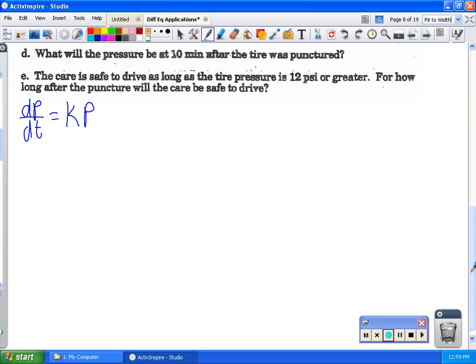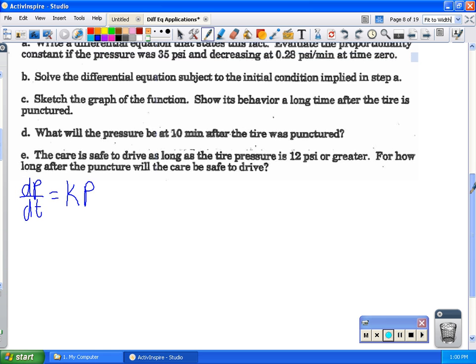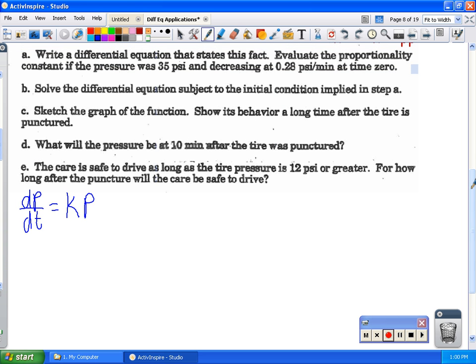Okay, so then the question, letter A, says write a differential equation. Done. Evaluate the constant of proportionality if pressure is 35 and the air pressure is decreasing at a rate. So in other words, dP/dt is decreasing.